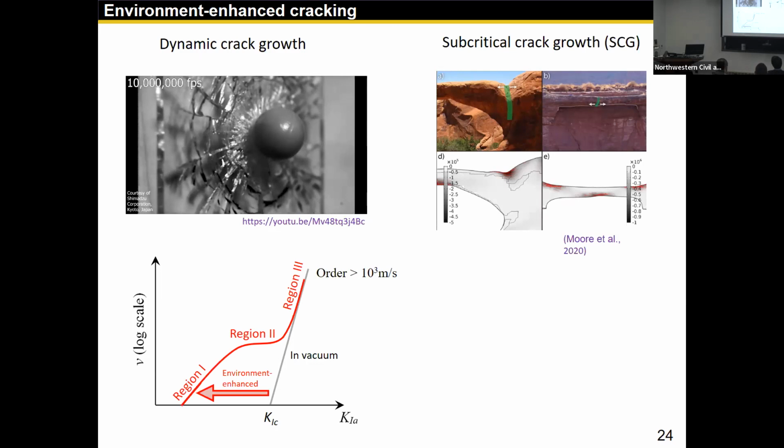This is a typical shape. Region 1, region 2 is a plateau due to fluid transport, and then at higher intensity, you join the in-vacuum propagation kinetics. In nature, there are many examples of subcritical crack growth. In this example, these authors studied arches in Utah national parks.